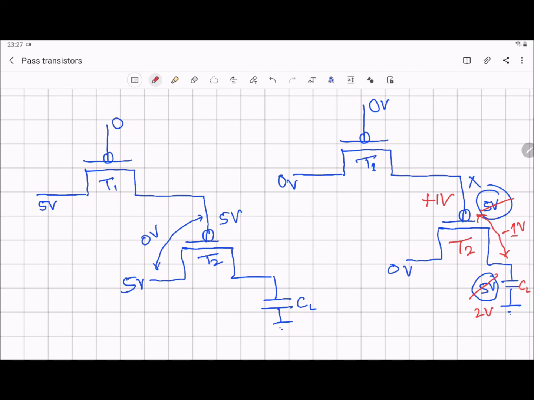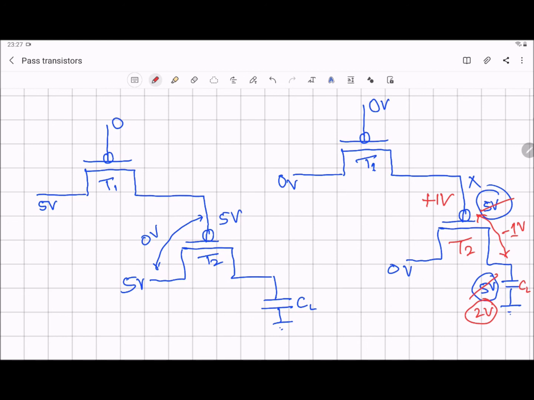So I was expecting 0 volt across the capacitor CL, but what I am getting is 2 volt. Okay, so this type of configuration is not used, or it is avoided, because you can see how the voltage is changing.